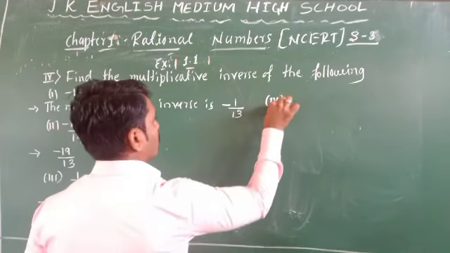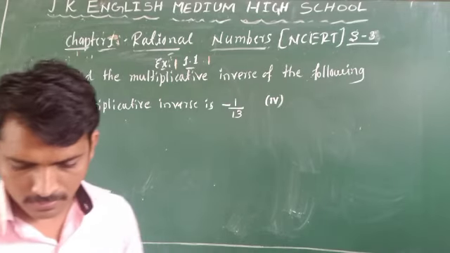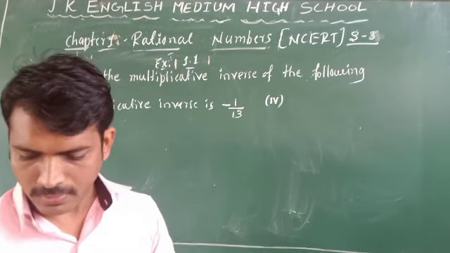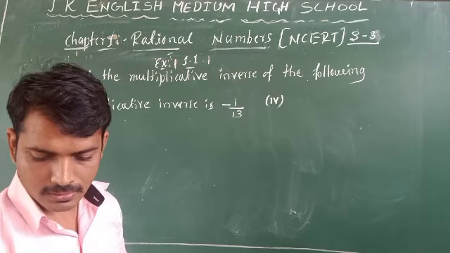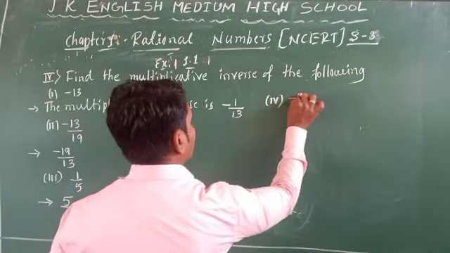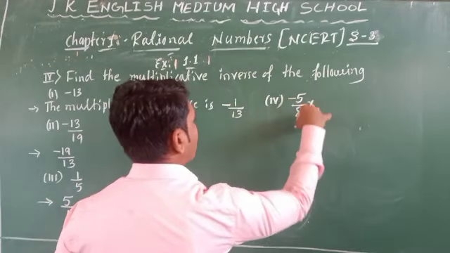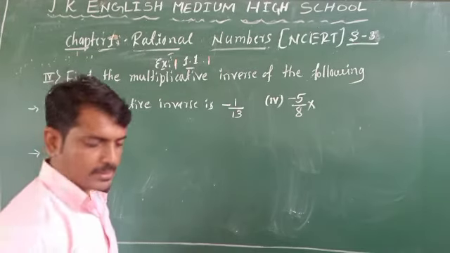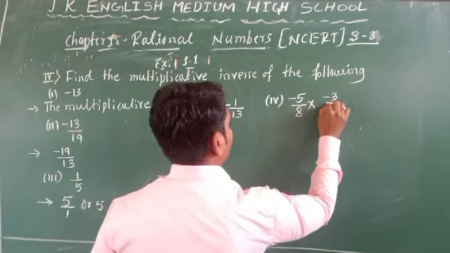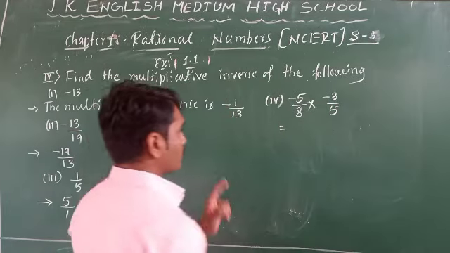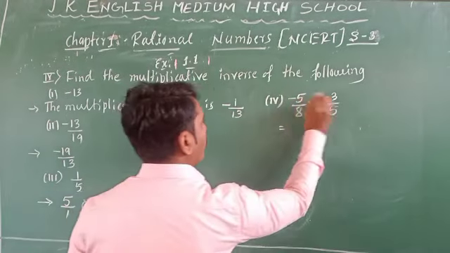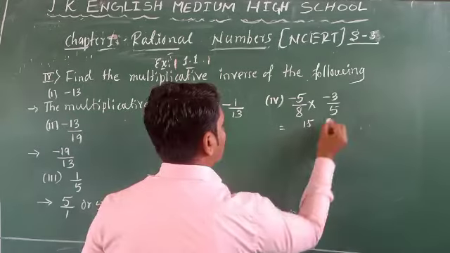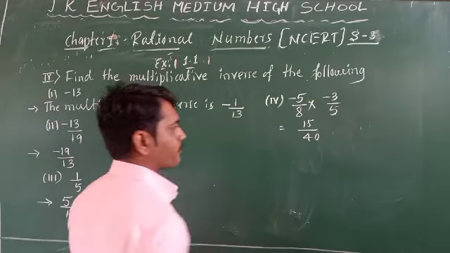Next, question number 4. What is the question number 4? Minus 5 by 8 into minus 3 by 7 is there. First multiply both the numbers. 5 3s are 15, 8 7s are 56.